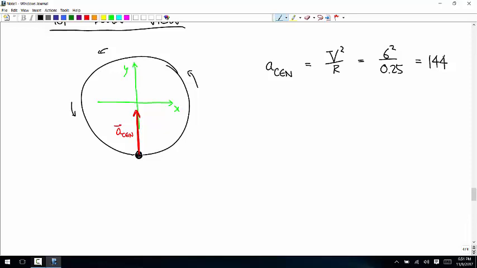And now we have to put that into vector components. That's pointing in the positive y direction. So the vector components are 0, positive 144.